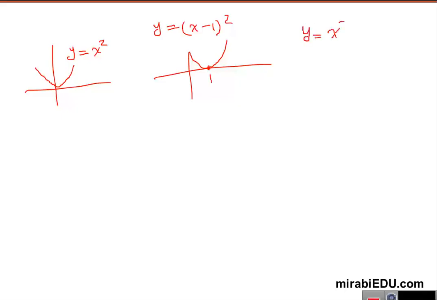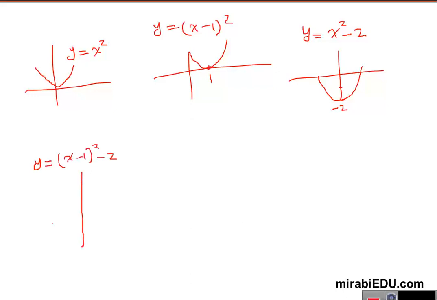For example, x squared minus 2 is translated 2 units down. If we combine these two, for example x minus 1 squared minus 2, the vertex goes 1 unit to the right and 2 units down.